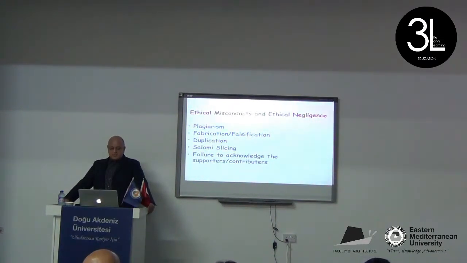I will explain in a minute what plagiarism is. Fabrication or falsification, duplication, salami slicing, it sounds like lunch now, but it's not. Failure to acknowledge the supporters and contributors. These are all significant things that people need to pay attention to when you are preparing your questionnaires, when you are preparing your application, or when you're writing a manuscript, when you're writing a book chapter.